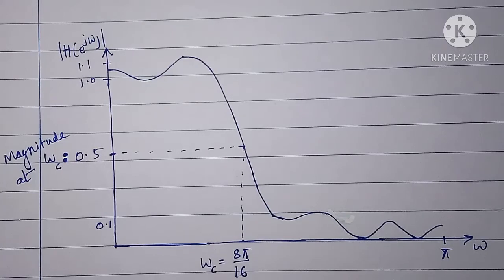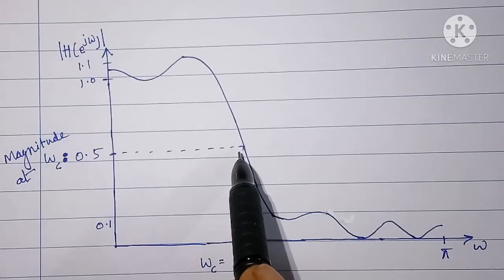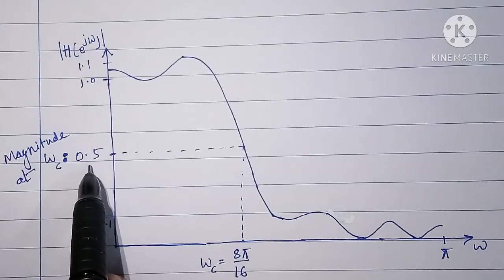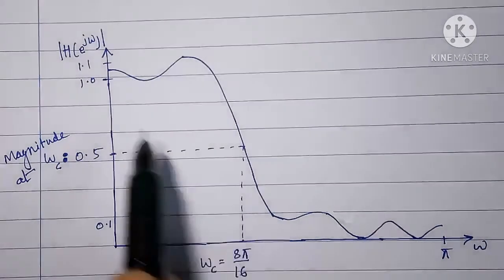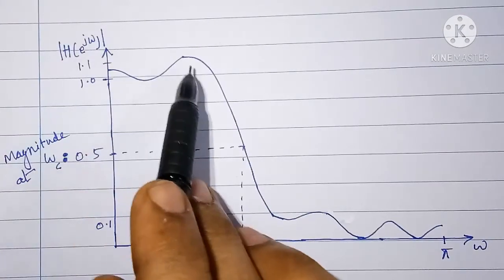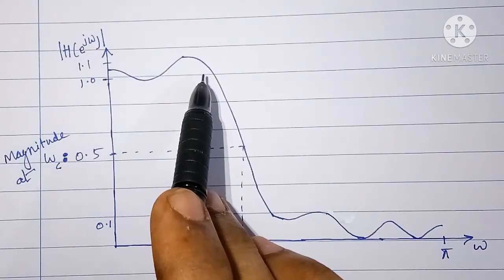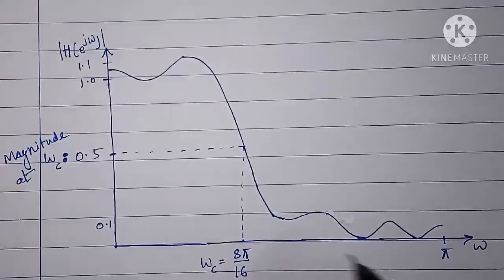By calculation we have seen that at omega c equal to 0.5 pi, the magnitude is equal to 0.5. And also you can observe here the oscillations in the magnitude in passband as well as in stop band, and this is what we call as Gibbs phenomenon.